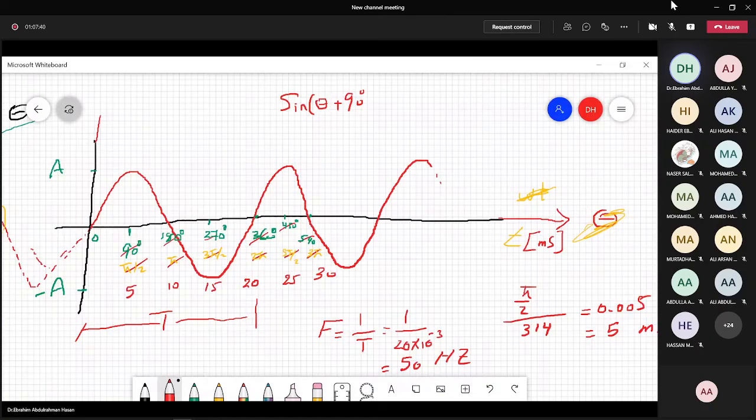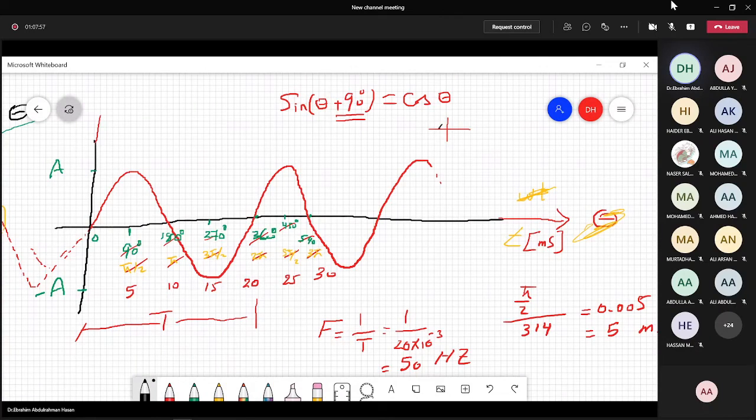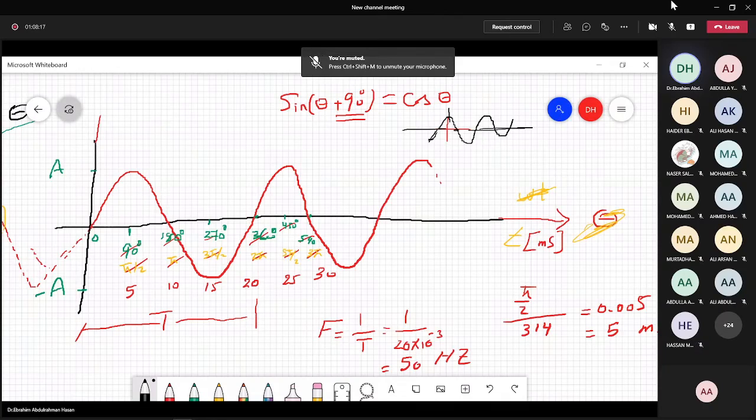We agreed that this plus means shift to the left. As a waveform, it is exactly the same, but the starting point at 0 is maximum, and at 90 it is 0. So this is the cosine and this is the sine.